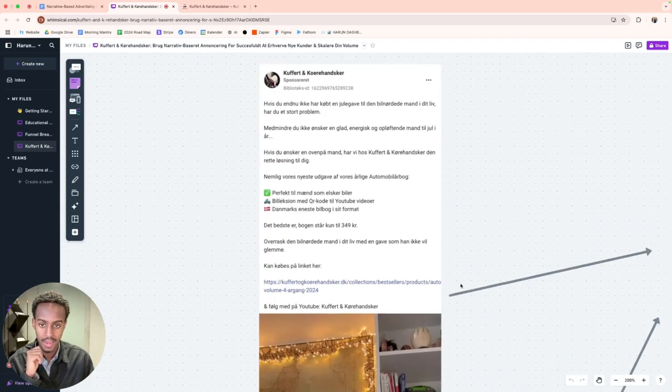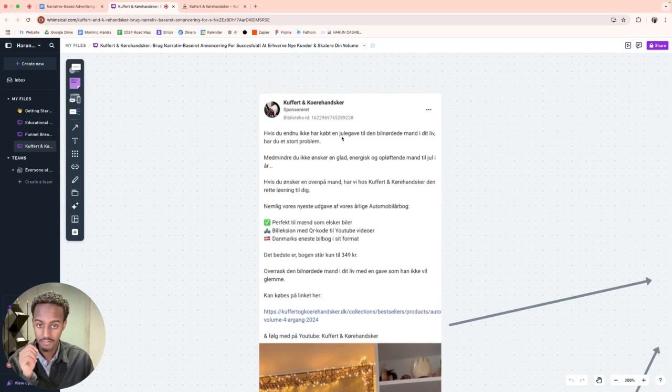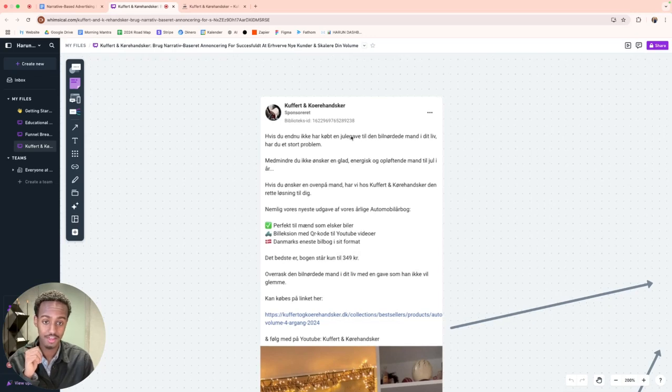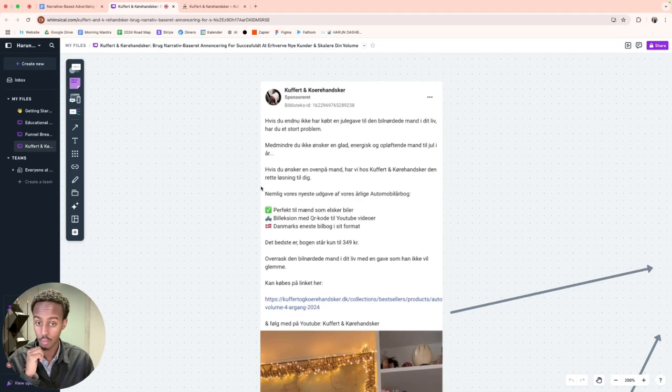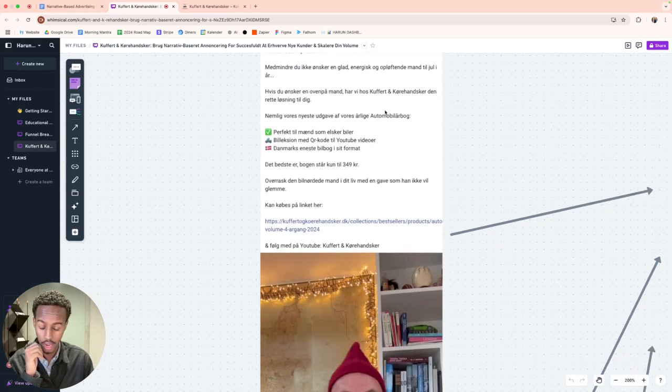So we are using that angle, and obviously this is in Danish, but if I just break down the copy, you might understand it better. The copy says, if I translate it to English: if you haven't purchased a Christmas gift for the man in your life that loves cars, you have a big problem, unless you don't want a man who is happy, energetic, and positive this Christmas. If you essentially want a man who is all of those things, we at Kuffer Kørhansker have the right solution for you.